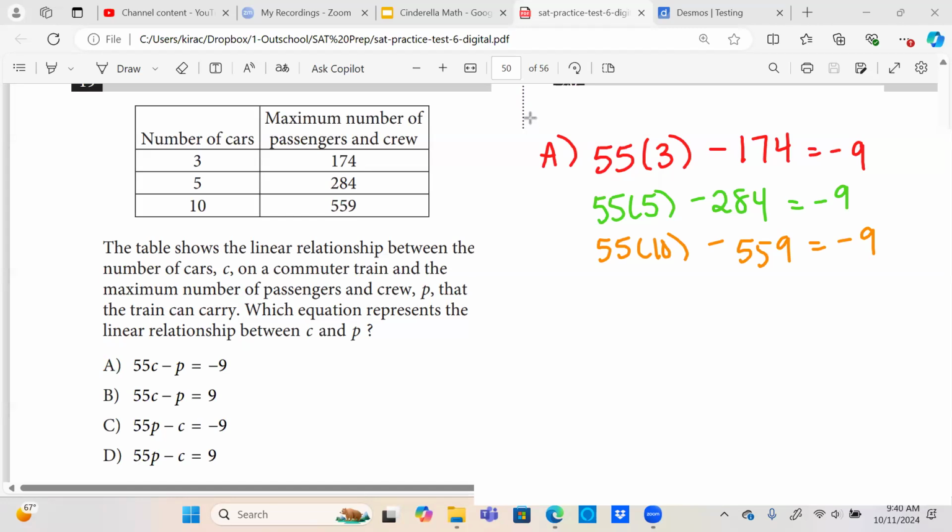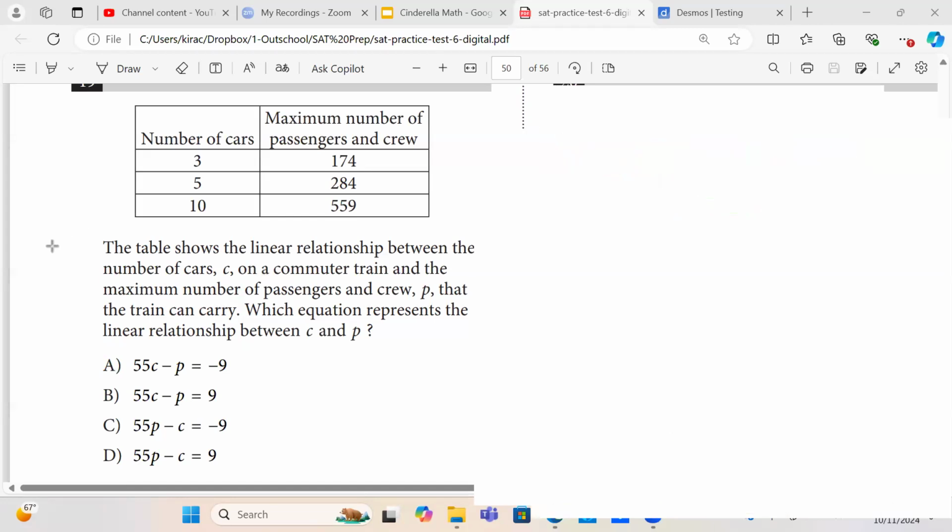They do tell you this is linear. So we can pull out y equals mx plus b. This is going to be x. This is going to be y. So our cars is x, so mc, oops, this is b, plus b. And our passengers is y. Okay. And then we can get the slope.